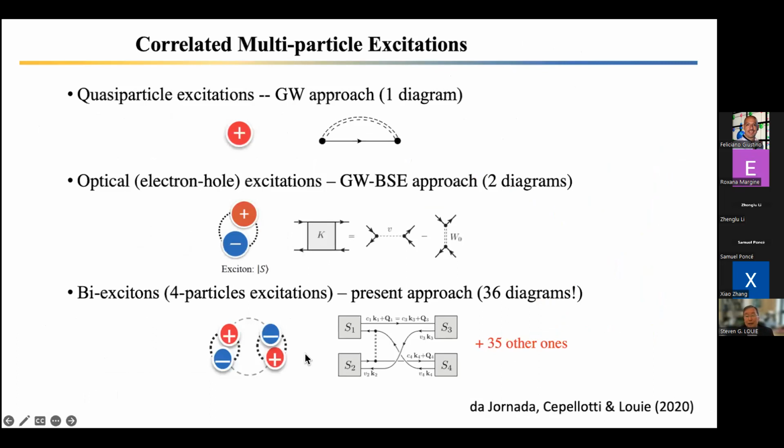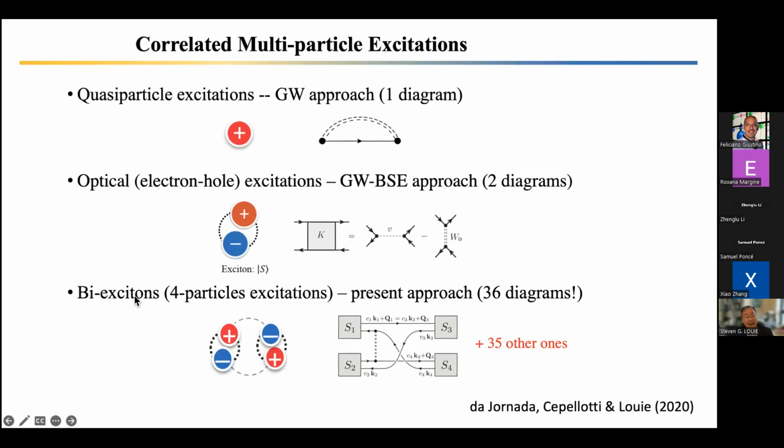So how do you go about calculating, for example, a bi-exciton state? As I already mentioned, for quasi-particle excitations in the GW approach, you need to solve this one single Feynman diagram. For optical excitation, including electron-hole effects, there are two Feynman diagrams within the GW Bethe-Salpeter equation approach.